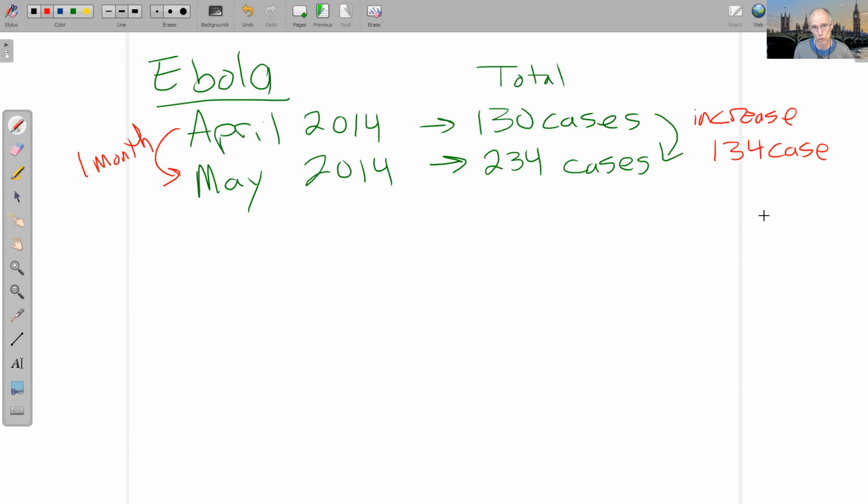So this is kind of like the COVID data that we looked at before, but it's slightly simpler in that only 1 month went by. So the slope here for a line, our M, is just 134 over 1, which is just 134. I got 104. Oh, I can't subtract.